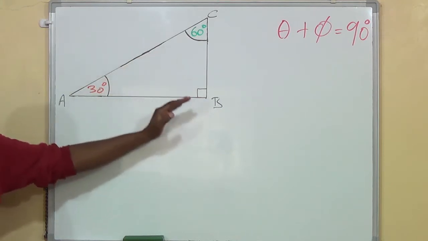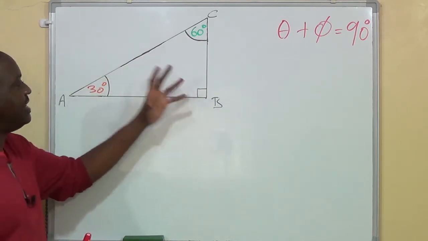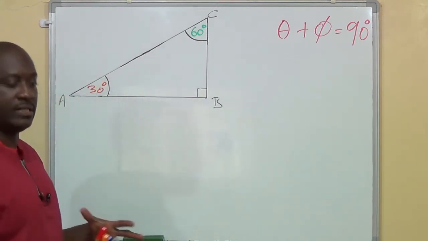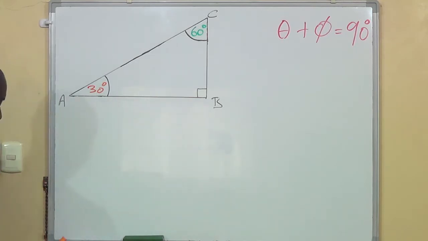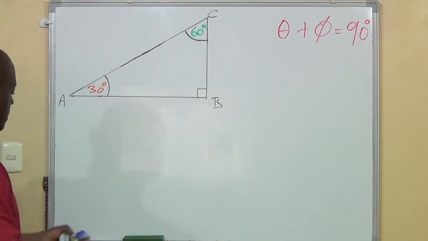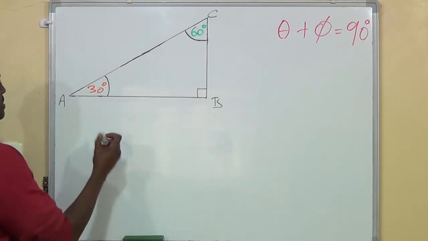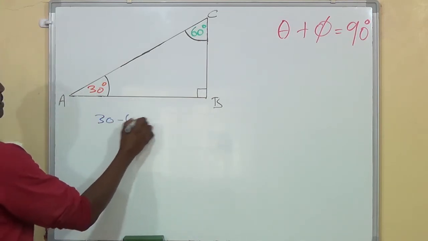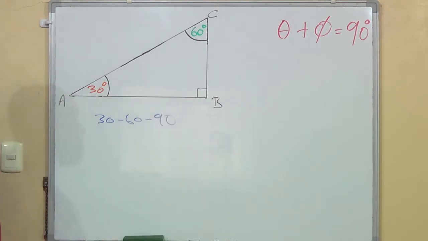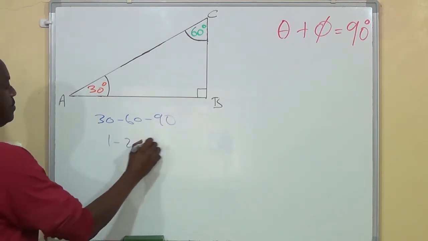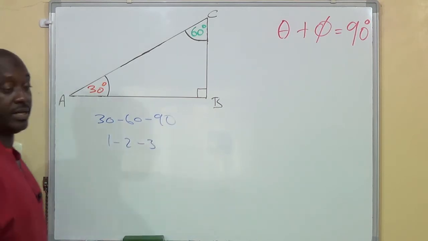30, 60, and 90, right? This is one of the classic right angle triangles. This is commonly referred to as the 30, 60, 90 triangle, which you could also refer to as a 1, 2, 3 right angle triangle.